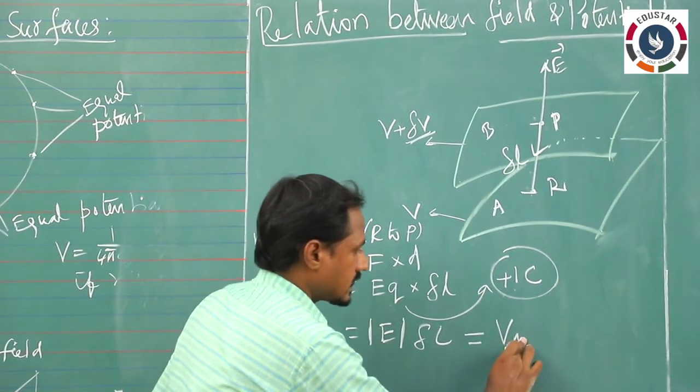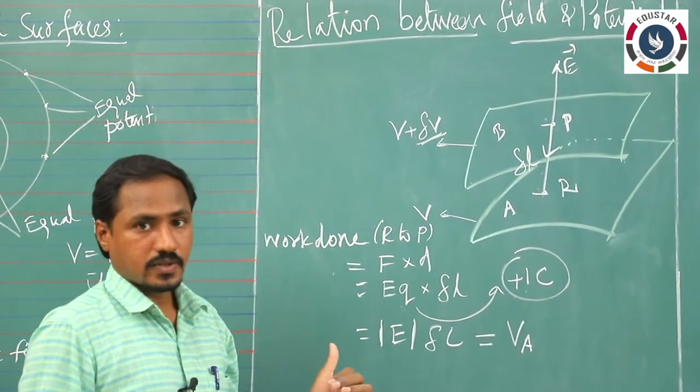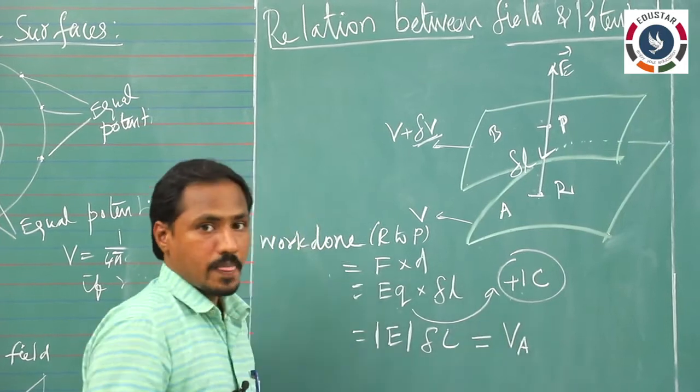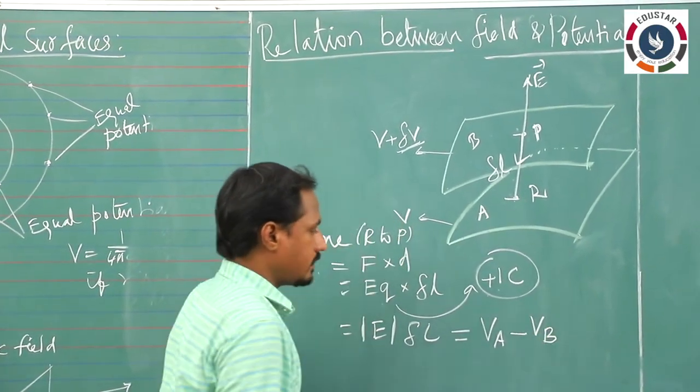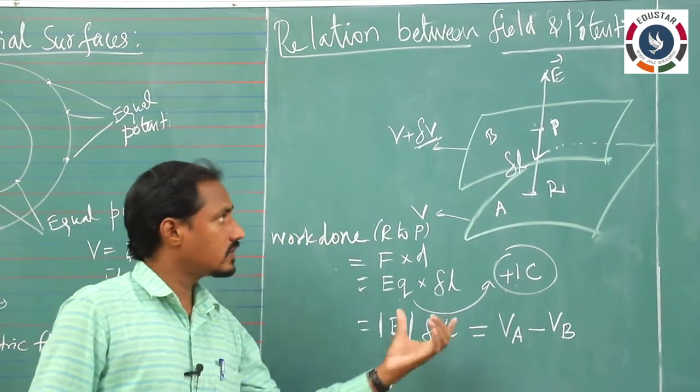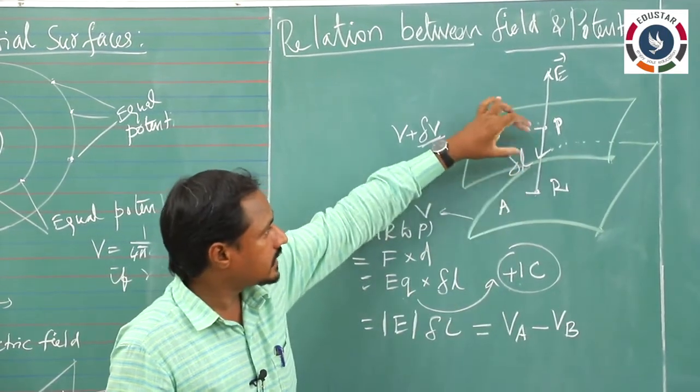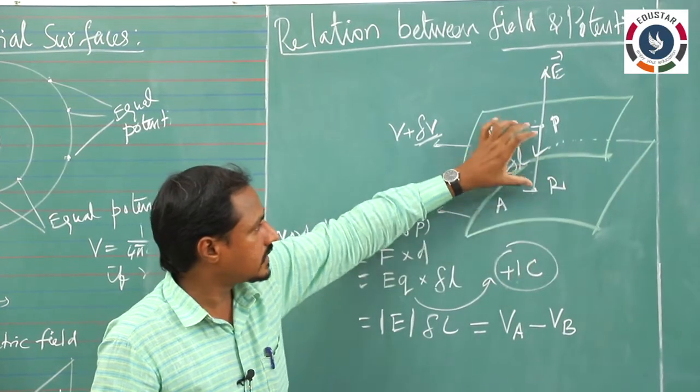We also explained in the first part the potential due to a point charge. So, here we can write VA minus VB. This work done is equal to the potential difference, that is the change in potential between the two surfaces.